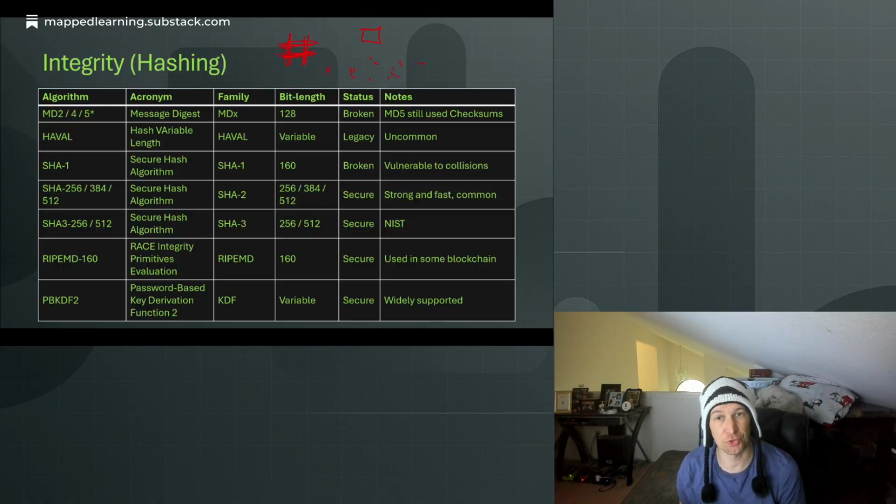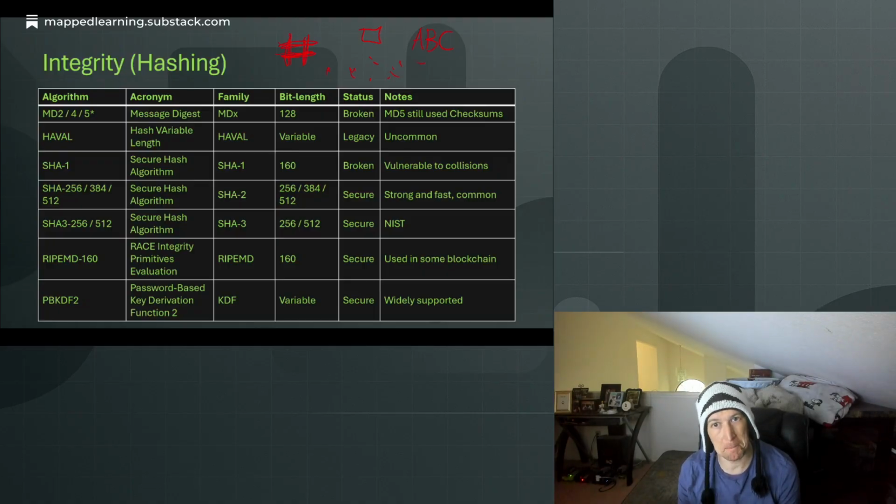Well, what these hashing algorithms do is, let's say I have a file that is text, it says ABC, okay? And I put it through one of these hashing algorithms.